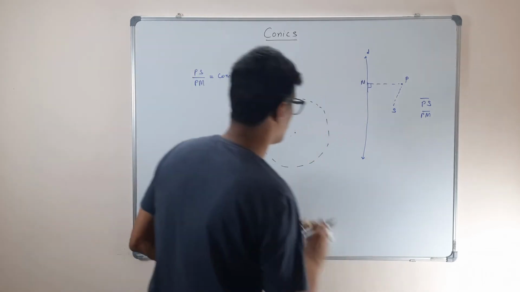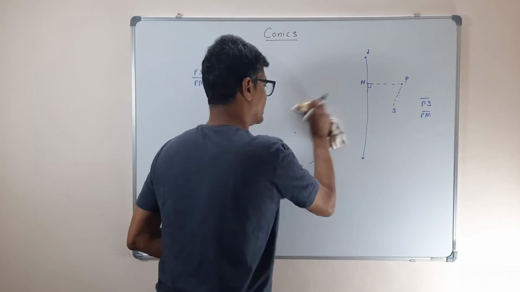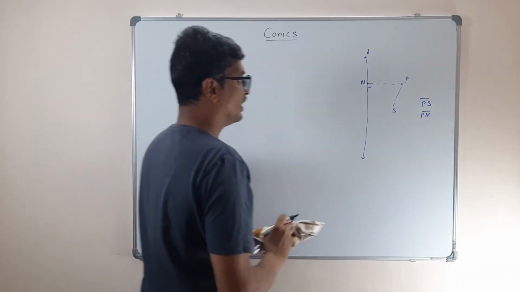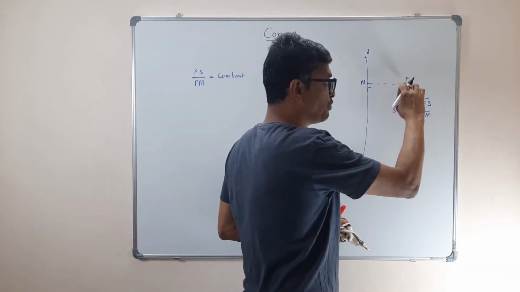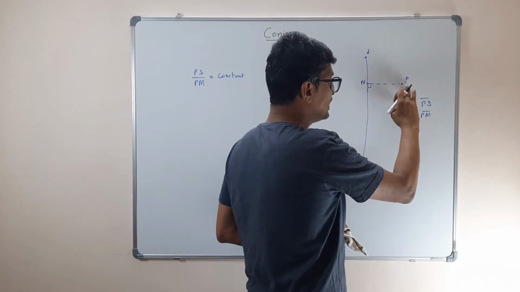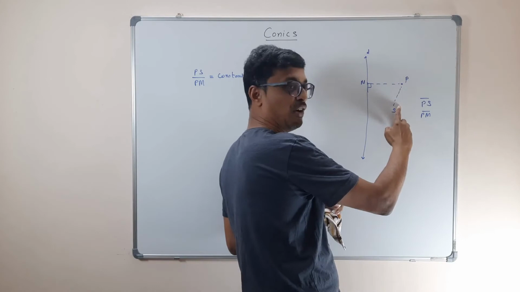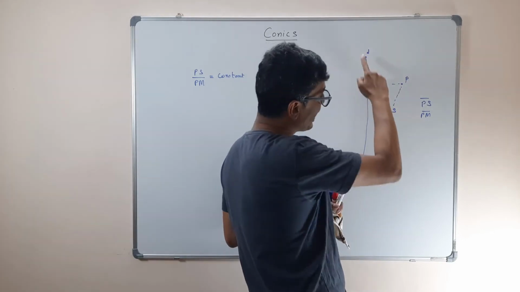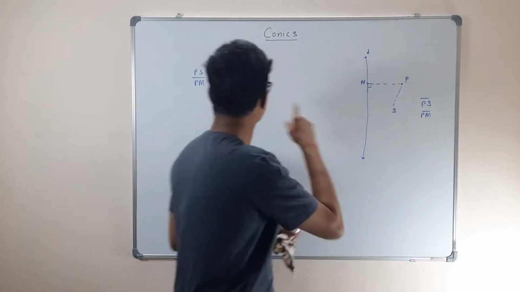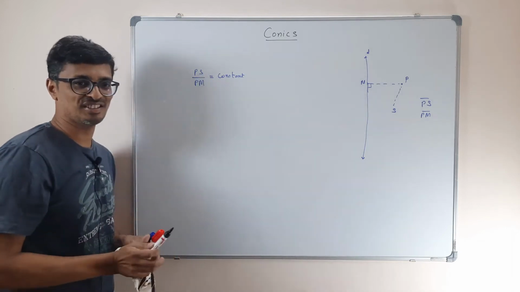The same way, when you come to conics, this conics is a set of points whose distance from another point and another line, the distance ratio has to be always constant.